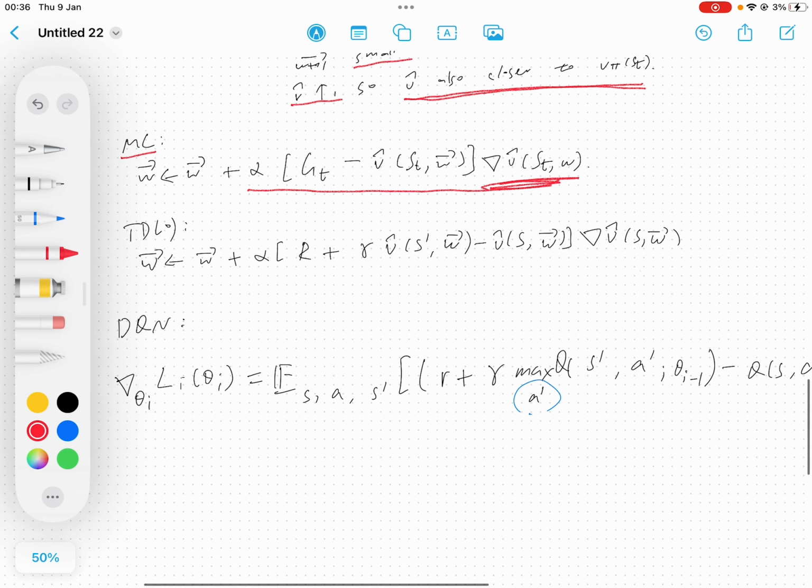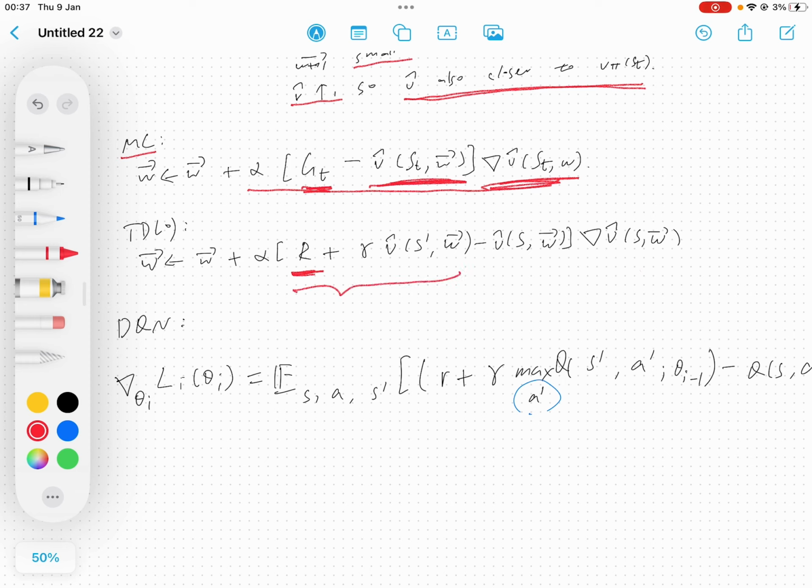That's very, very important. This G_t is the target, the actual return after each episode ends, and V hat is what we approximate for this G_t. Then in TD(0), we have the immediate reward, and what else we have is this.